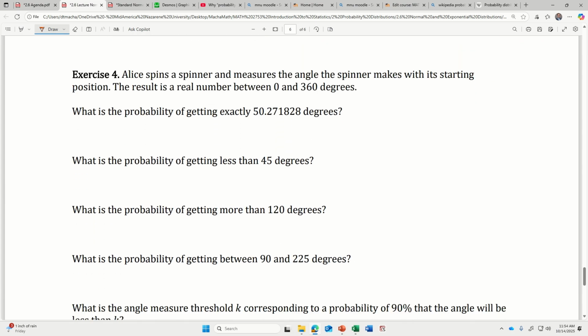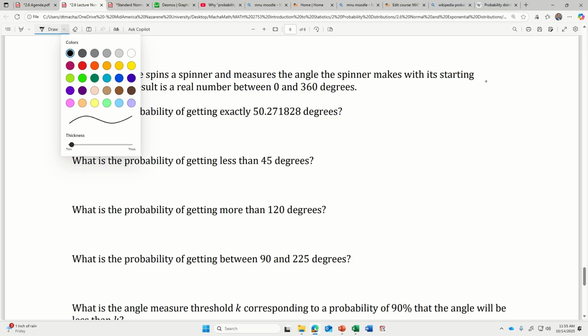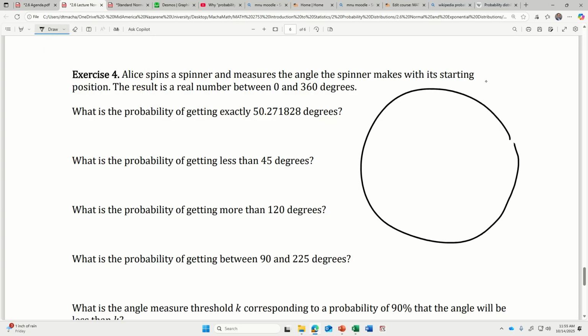Okay, this last question, let's talk about this for 1 minute before we have to do something else. Alice spins a spinner and measures the angle the spinner makes with its starting position. So, a spinner means you've got this kind of circle with a little pin in the middle, and you are going to spin it somehow, right?